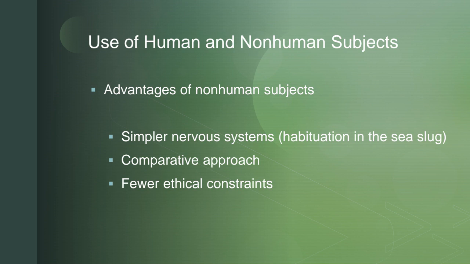And also, and this is kind of a key one as well, with non-human subjects, there are fewer ethical constraints. There are just things that you can do with non-human subjects that you just can't do with humans because it's not ethical.